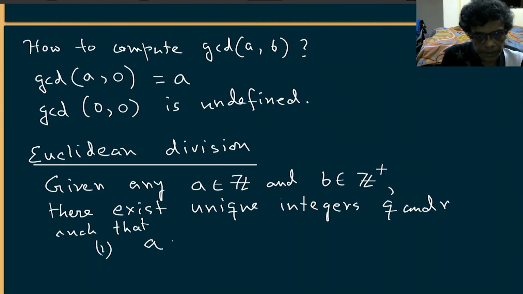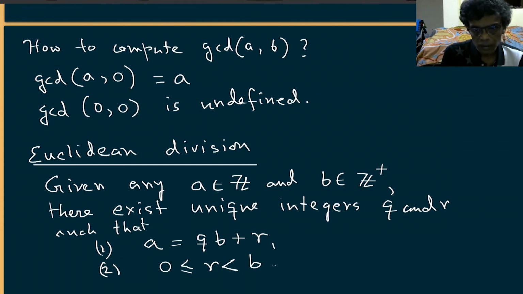A can be written as Q times B plus R, and 2. 0 is less than or equal to R less than B. So you know this Q is called the quotient of Euclidean division of A by B. R is called the remainder of the Euclidean division of A by B. So Q is the quotient.